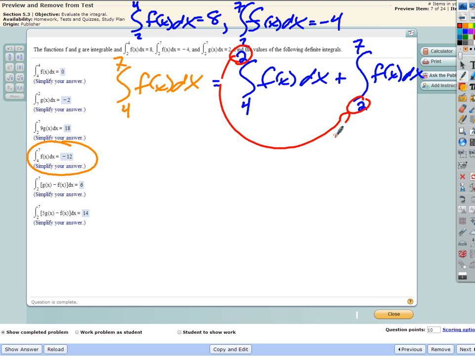If the upper limit of the first integral becomes the lower limit of the second integral, I can just join those into a single integral. Now, what does it do if I reverse the order of the limits on this first integral? It makes it negative, because we're adding up the area in the opposite direction from what we started with, and that changes the sign. So this just becomes -8 plus -4, which is -12.